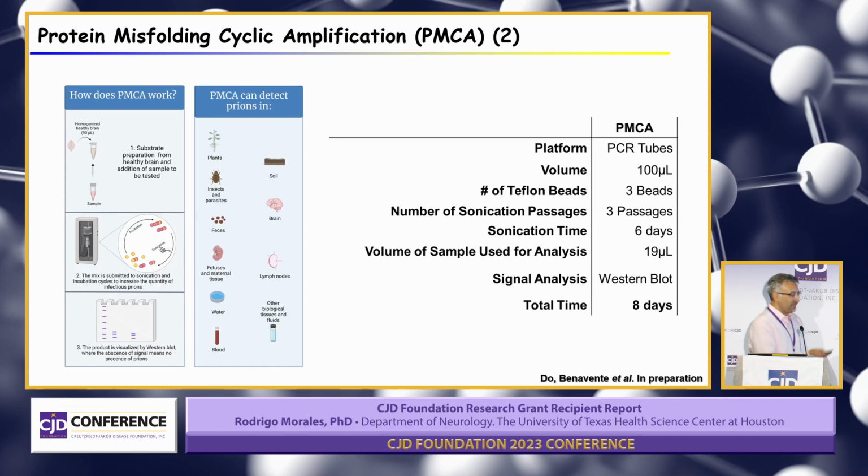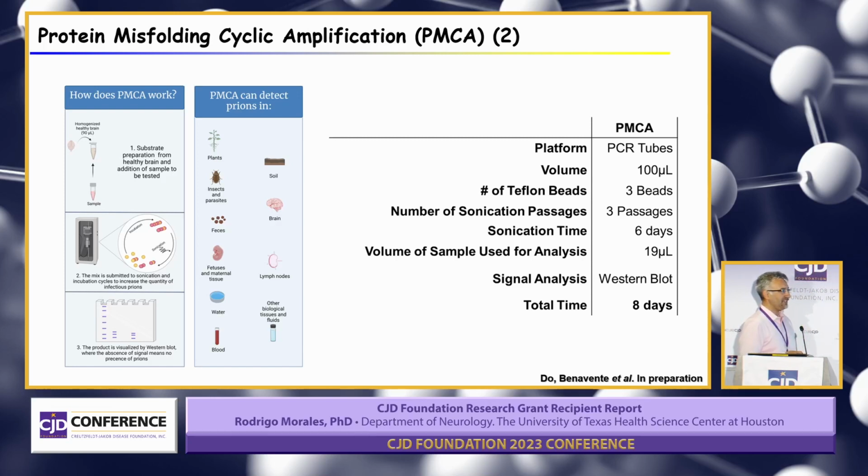So this is the conventional assay that we have for PMCA, and this is the platform it takes. We do it in PCR tubes, using 100 microliters of reaction to do the assays.